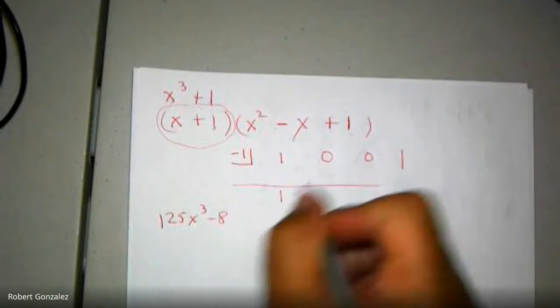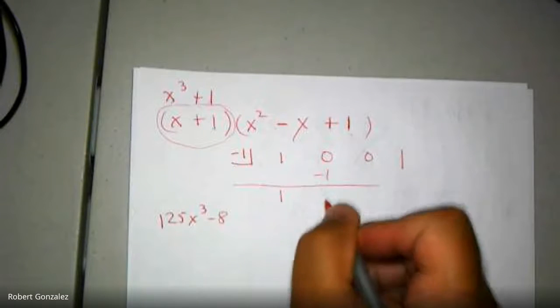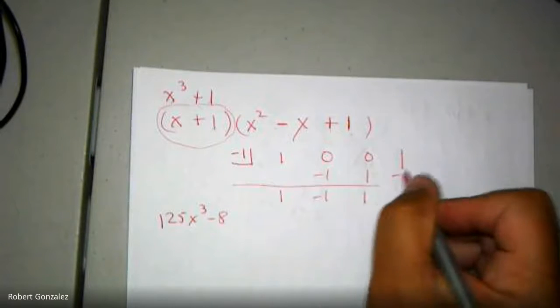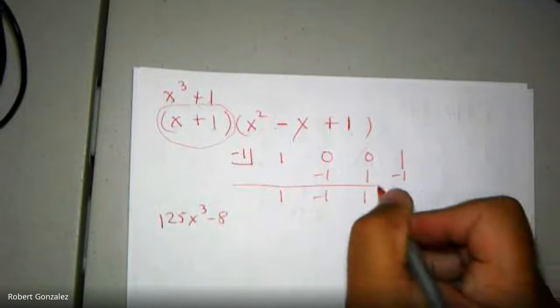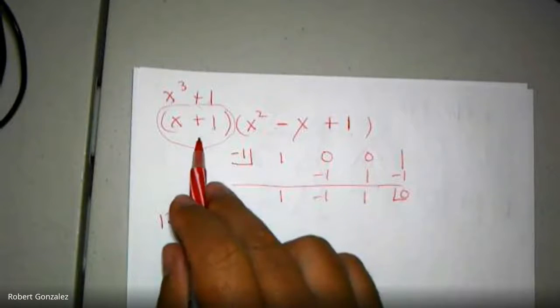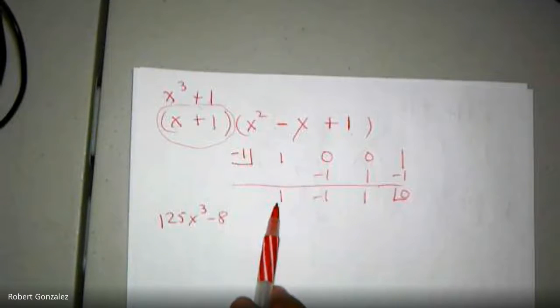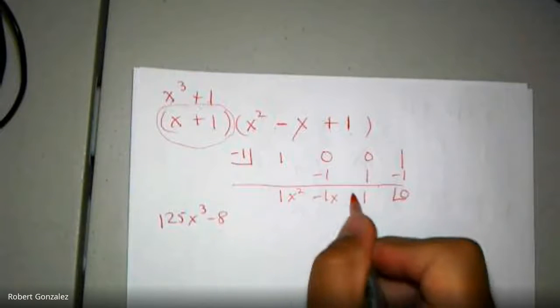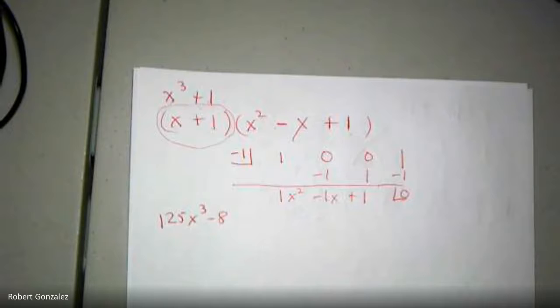Add down, multiply up. Add down, multiply up. Add down, multiply up. And we have to get a 0 in order for this to be a factor. We're left with 1x squared minus 1x plus 1. Exactly what we got there. It's magic. Thumb up. Good.